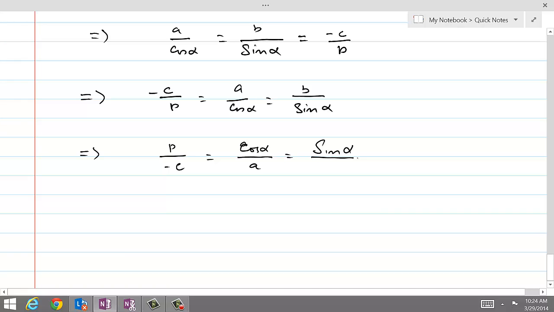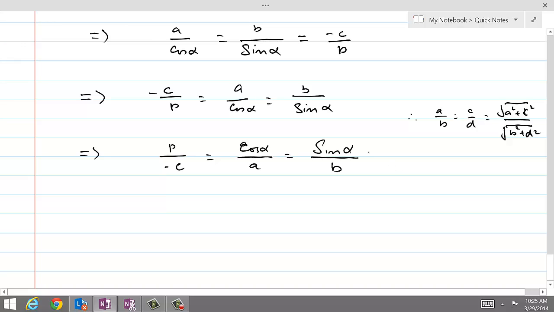We have simply reciprocated the ratios, and that shouldn't hurt, because we have a property in ratios that a over b is equal to c over d is equal to the square root of a square plus c square over the square root of b square plus d square.